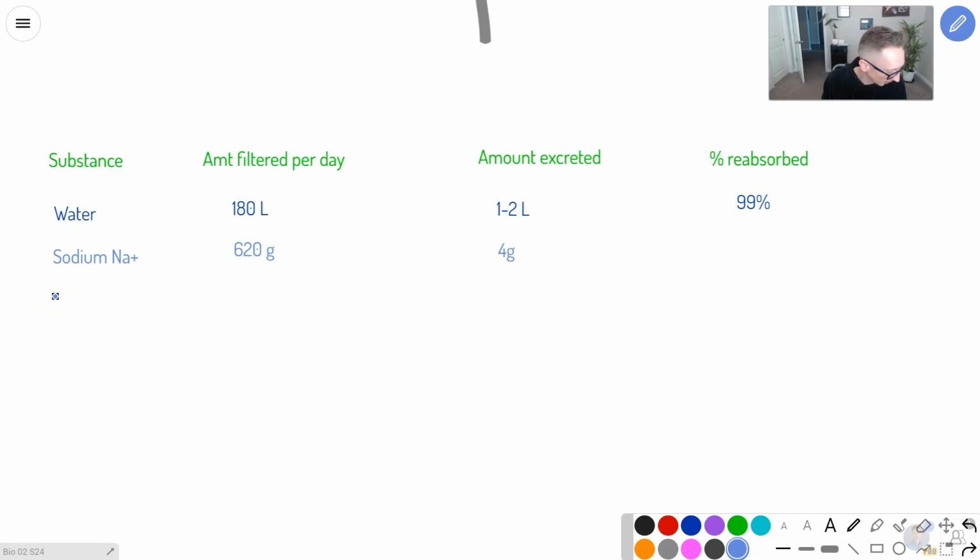I'm just going to draw an arrow. We've got chloride, or Cl minus. There are 720 grams of that, and about 6 grams are excreted, so that's 99% again. Potassium, we have less of that inside of us.